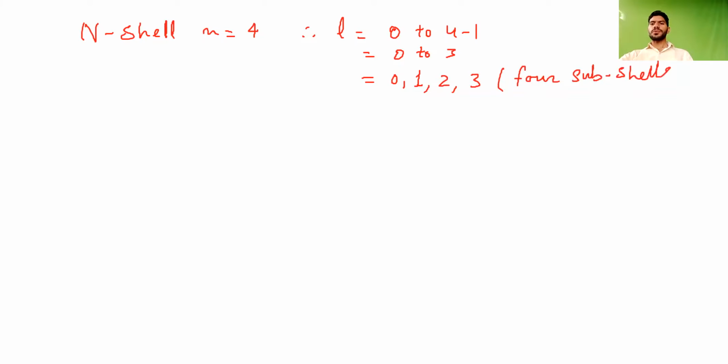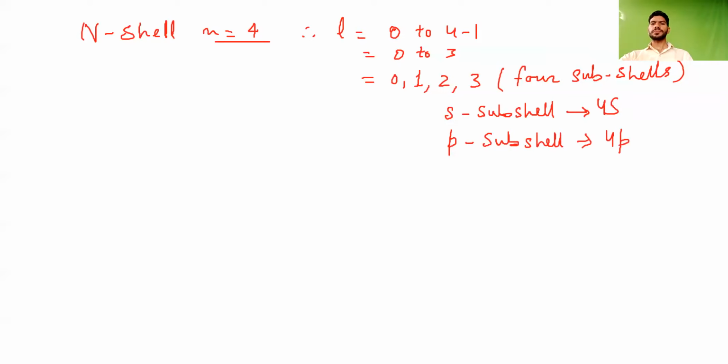So can you name these 4 subshells? Definitely you can name. First will be S subshell, right? And it will now be represented by 4S because it belongs to the 4th shell, that is, the n value is here 4. Next subshell will be the P subshell, and it is represented by 4P, correct?